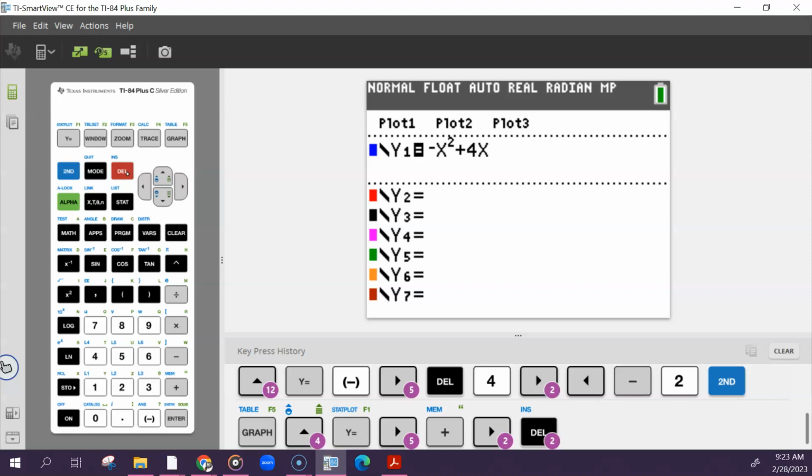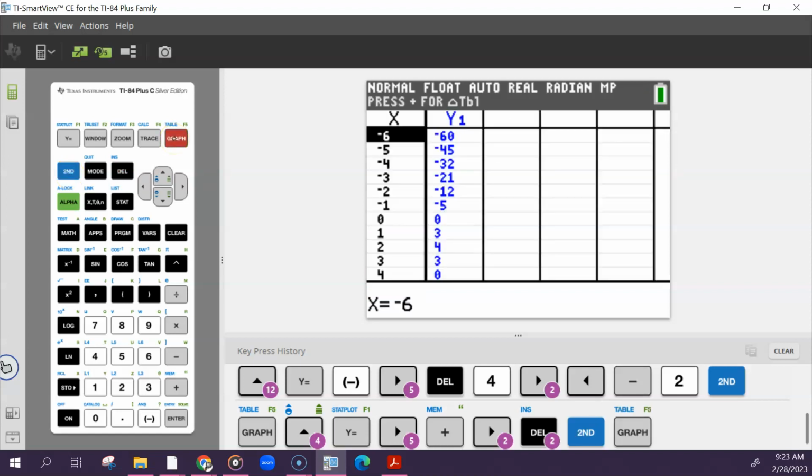We're doing the table, second graph. I'm going to let you guys do it. Find where your y's repeat and find the middle. You may have to scroll down.